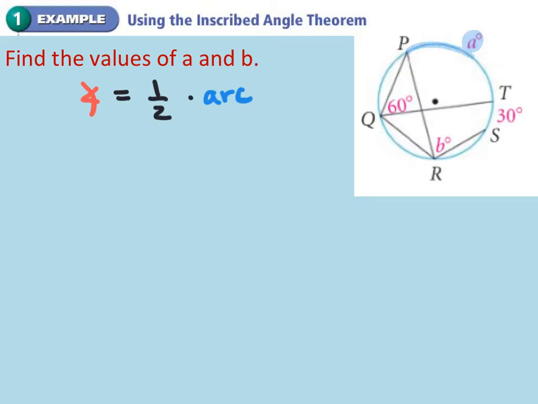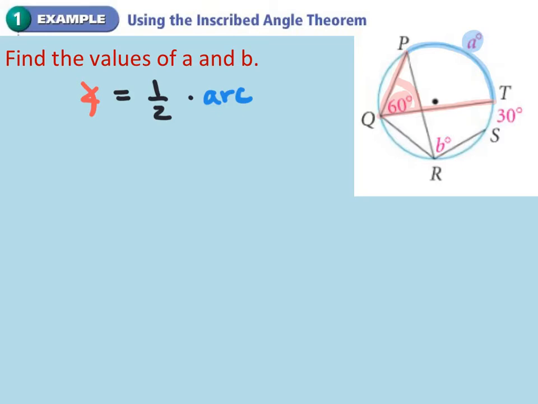So it starts at P and goes over to T. Now, looking for the inscribed angle that goes with A, if I start at T and go across, starting at P, the other endpoint, going across, I see that I have this angle that goes with that arc, which has a measure of 60 degrees.